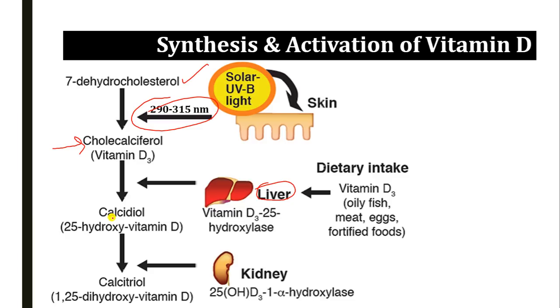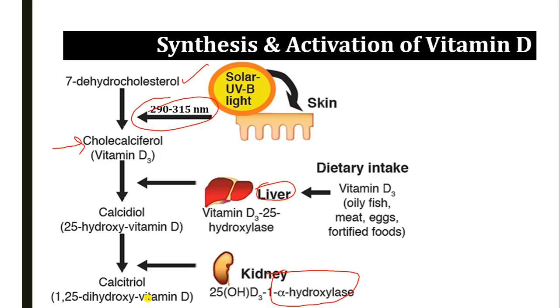In the kidney we have an enzyme, 1-alpha-hydroxylase, that, as per its name, will add one hydroxyl group at carbon number 1. So it becomes 1,25-dihydroxycholecalciferol. And there are 3 hydroxyl groups, that's why it is known as calcitriol.